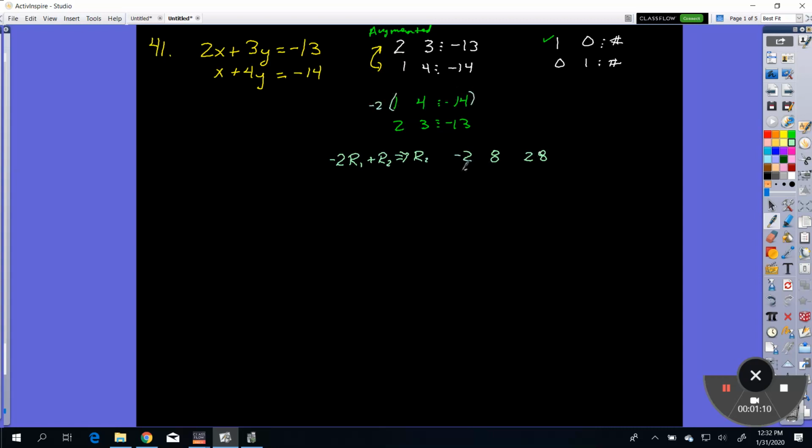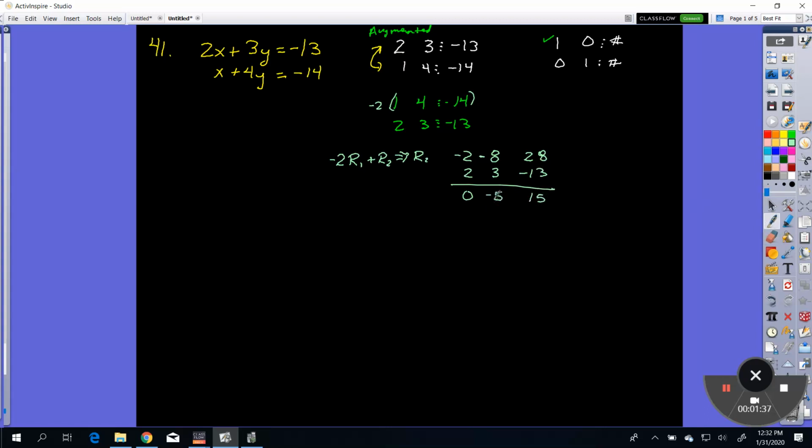And now I add that to row 2, 2, 3, negative 13, 0, negative 5, and 28 minus 13 is 15.